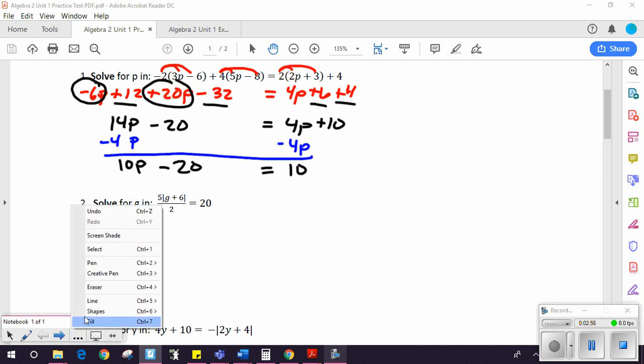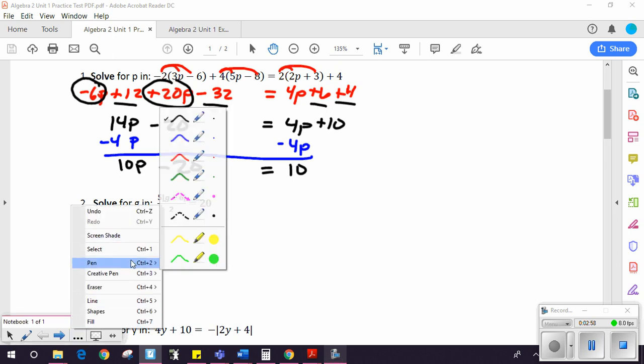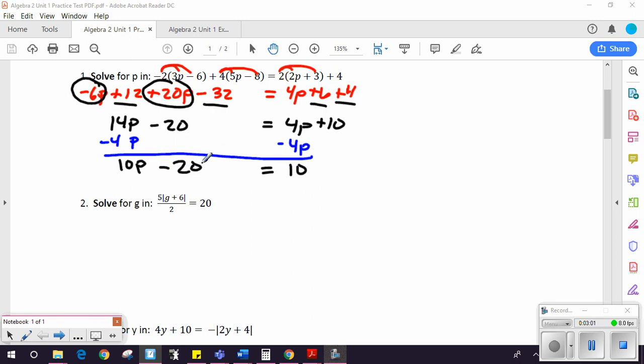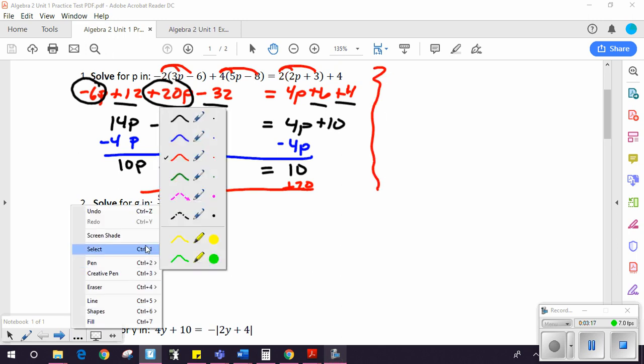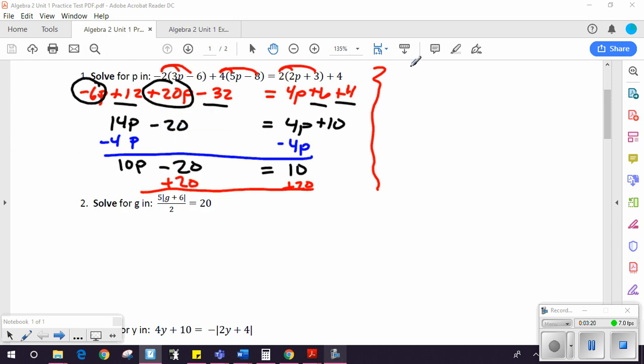I then will need to add 20 to the other side so that 10p will be by itself on the left hand side. So 10p is equal to 30, and then you divide by 10 on both sides to isolate p, and p is equal to 3.